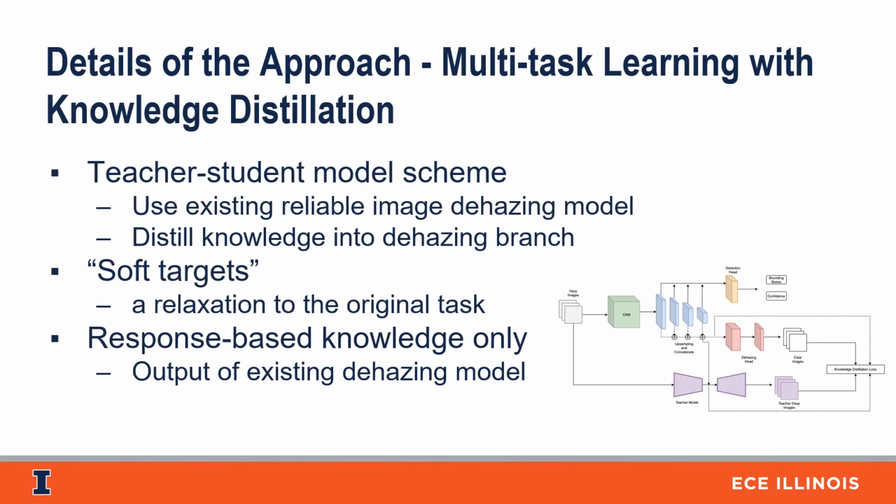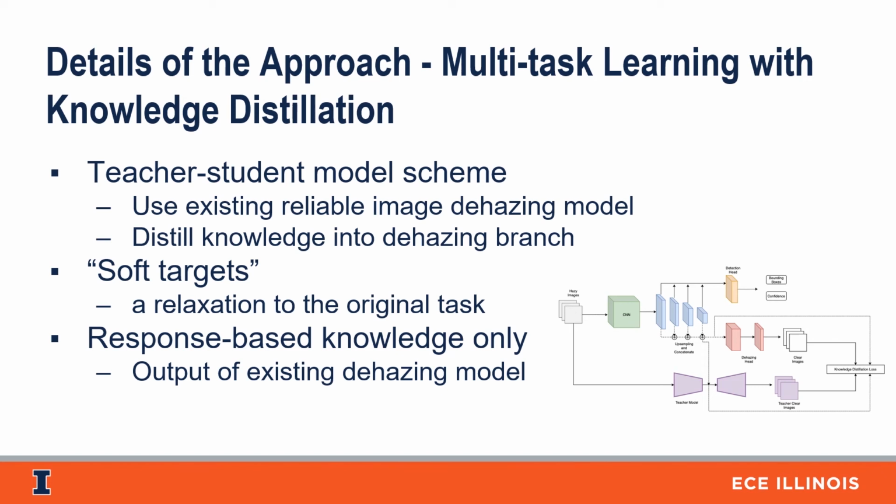And multitask learning with knowledge distillation is another proposed scheme of ours to deal with the dataset limitation problem. The idea of knowledge distillation was initially proposed by Geoffrey Hinton to compress the model using a sort of teacher-student paradigm.